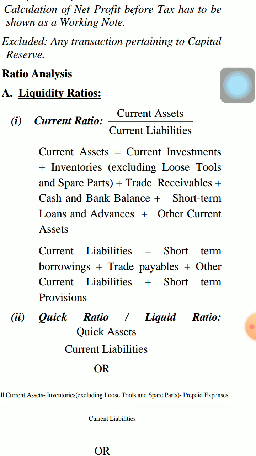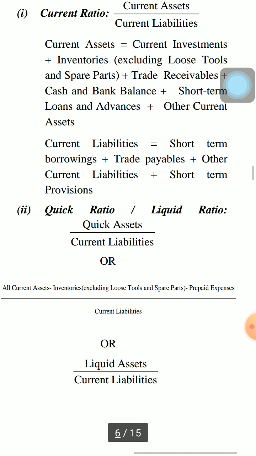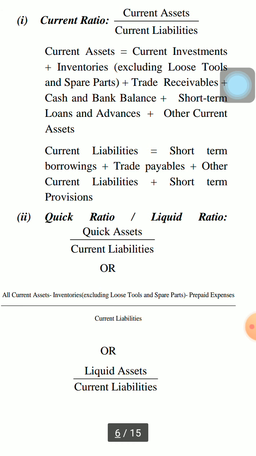So it's very important because it will decide your reputation in the market, and this ratio is favorable when the ratio is 2 is to 1. That means current assets should be double of current liabilities. Again, the second one is quick ratio or liquid ratio.